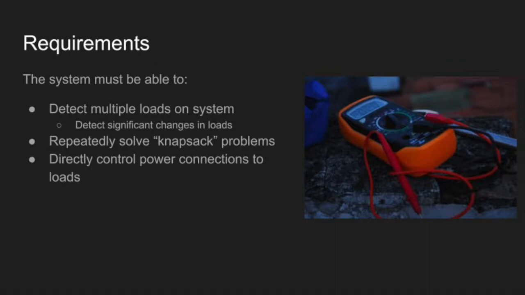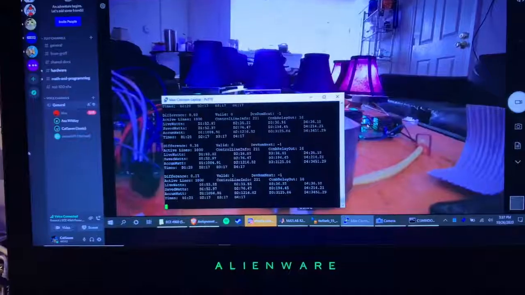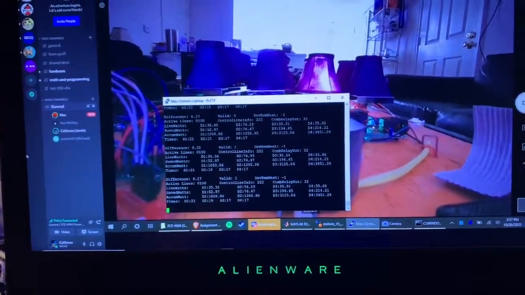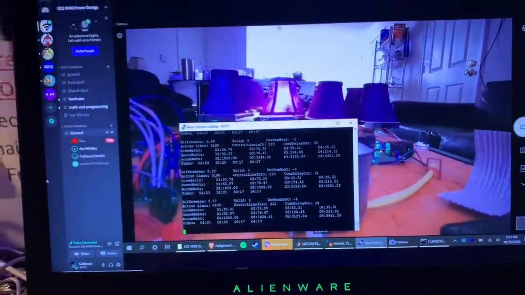In addition, we want to be able to detect significant changes in that power draw mid-test, because if a load changes in the real world, a power utility is going to want to know that as soon as they can. In addition, the system must be able to calculate which combinations of loads can be powered simultaneously in order to reach the energy or time goals that they're trying to meet as efficiently as possible.